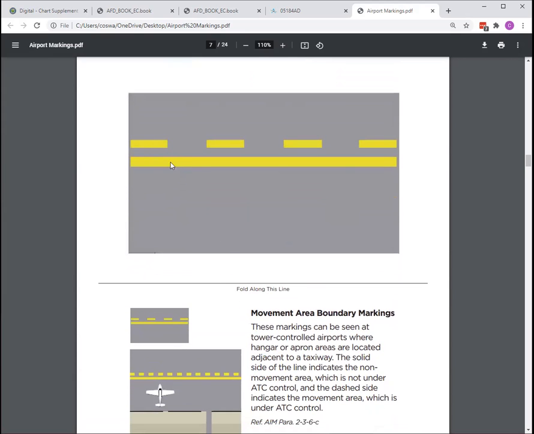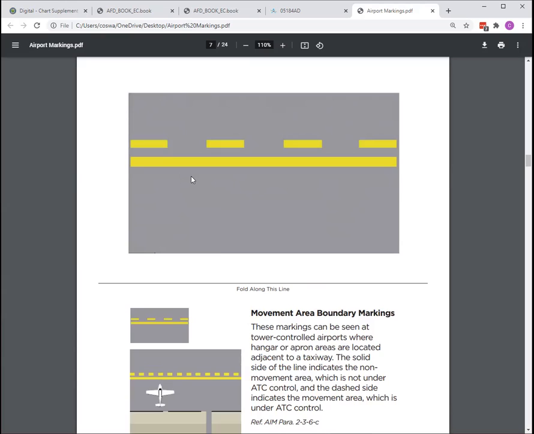This line, which is similar to the hold short line for a runway, is used in areas that go from movement to non-movement areas. A movement area is a place on the airport where you're moving around and ATC has control of you, basically.